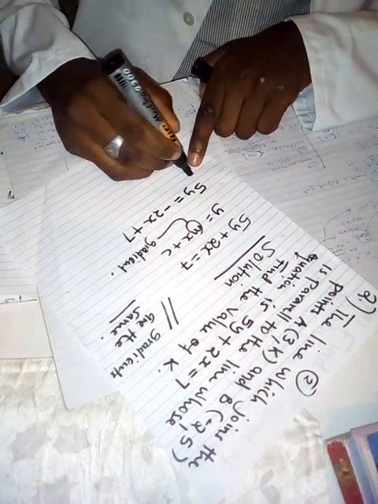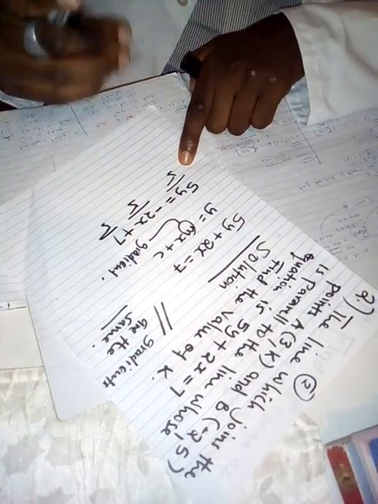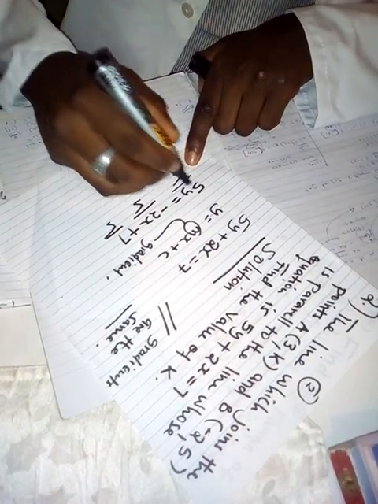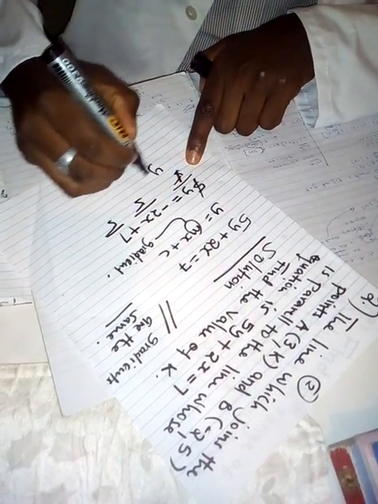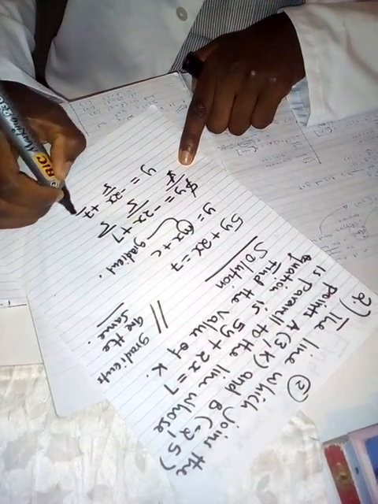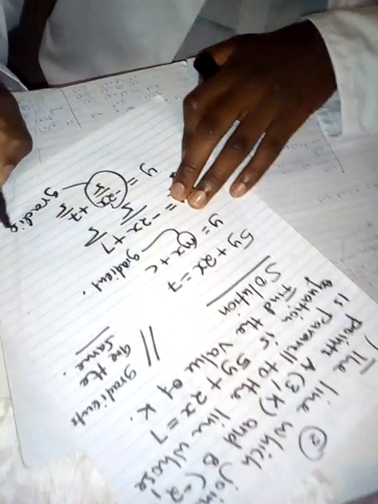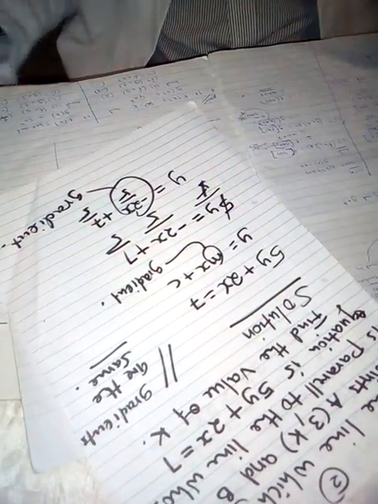Reduce it further, divide by 5, divide by 5, divide by 5. This will cancel with that. It will remain y is equal to negative 2x over 5 plus 7 over 5. Now this becomes our gradient. This is the gradient of that equation.